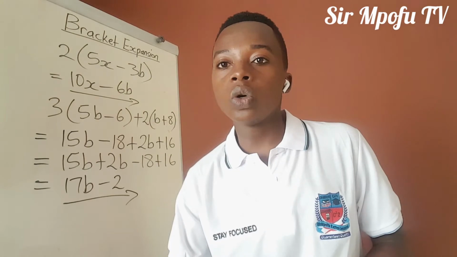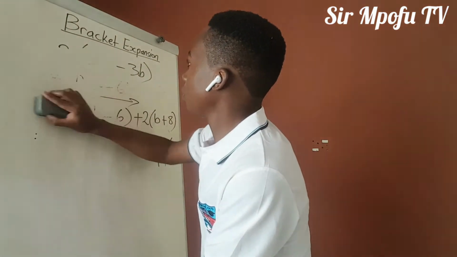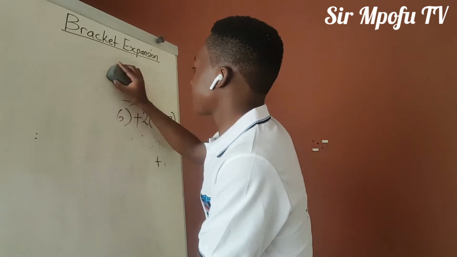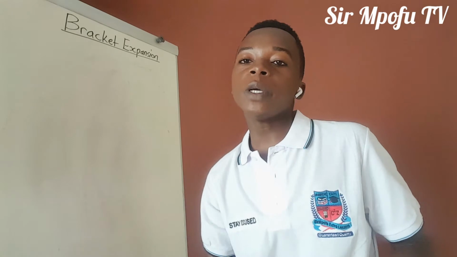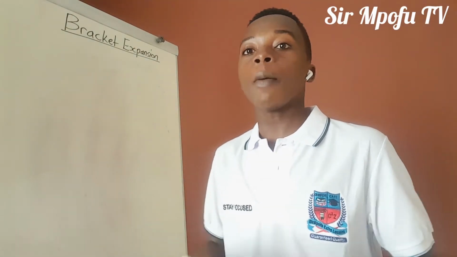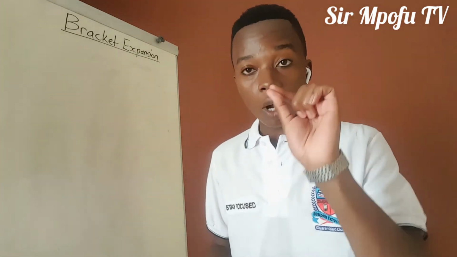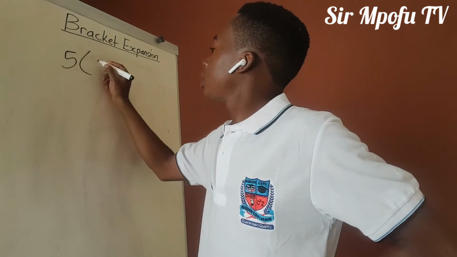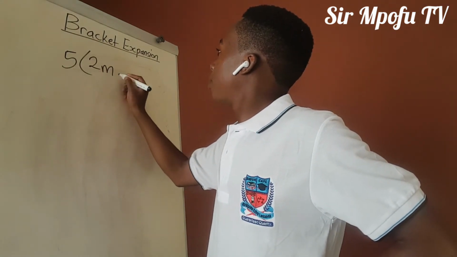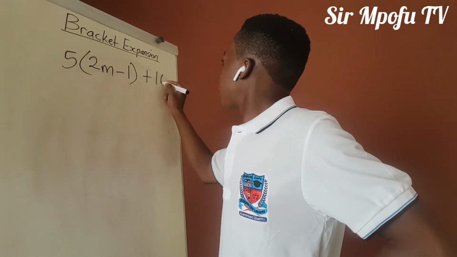Right, let us do the last example. Before we do the last example, there's something that I want you to take note of. Some people, in most cases, their confusion will end up confusing them simply because they won't know what to do. So I'm going to clarify something here. Let's say you have 5 times 2m minus 1 plus 10.